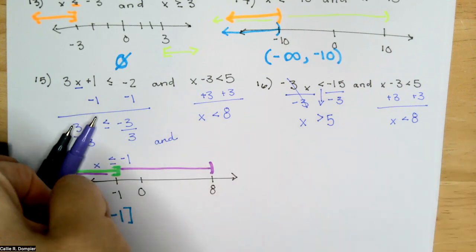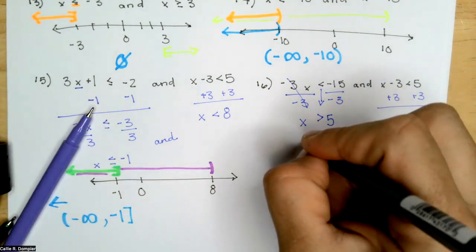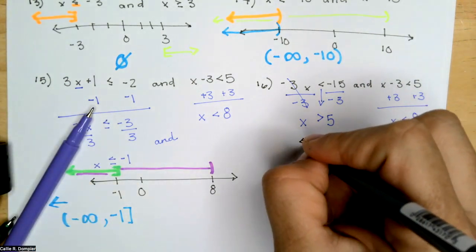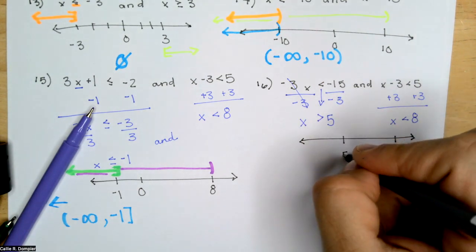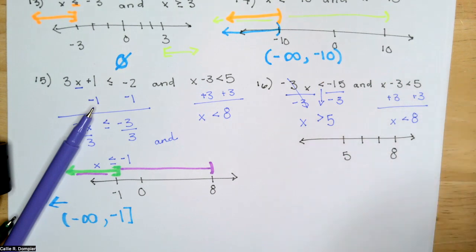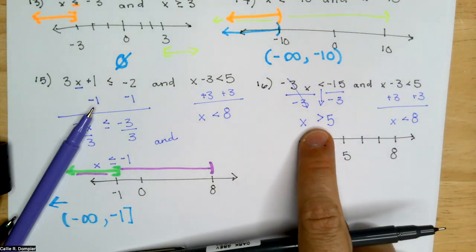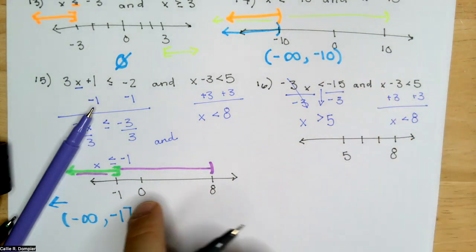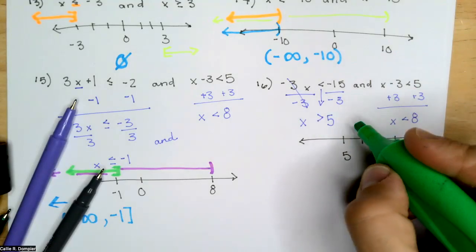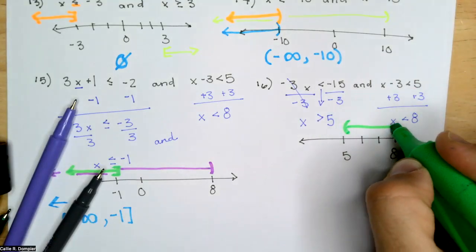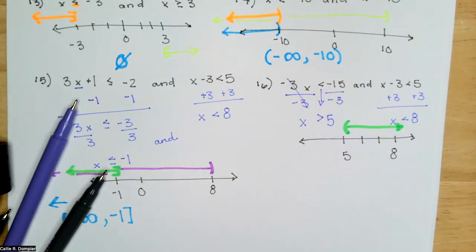Good. All right, our number line, we're going to need a 5 on it and an 8. So here's my 8. Here's my 5. Good. X is greater than 5 and, okay, x is greater than 5. X is less than 8.